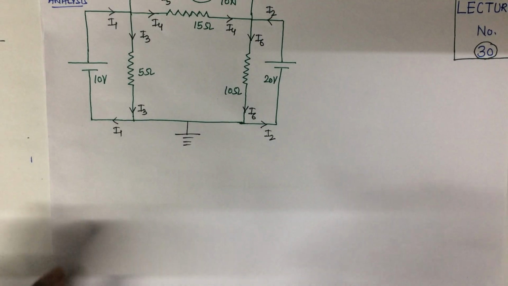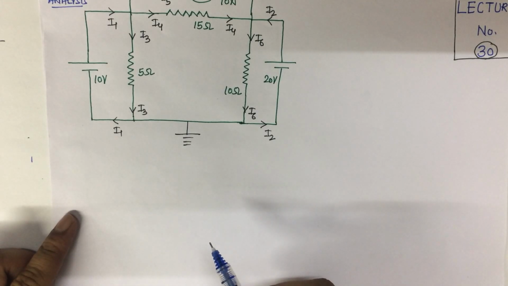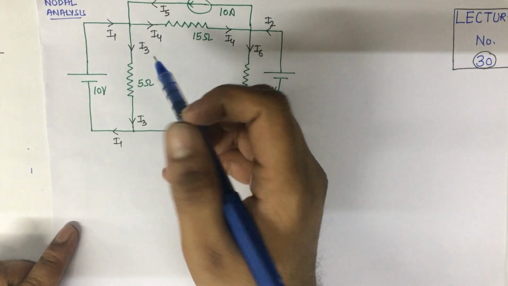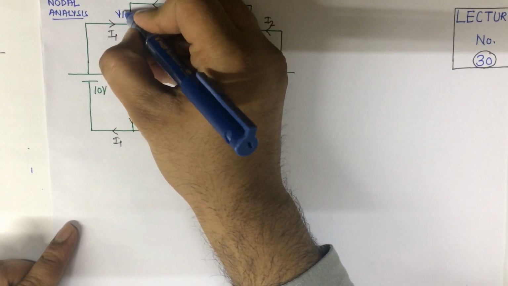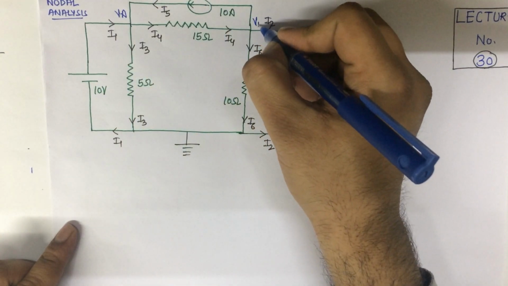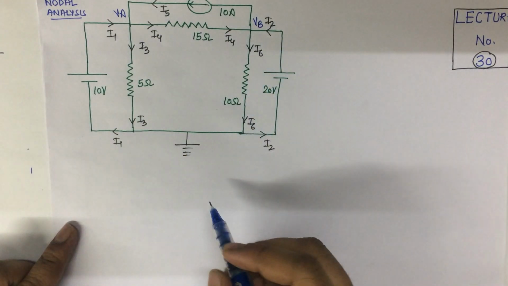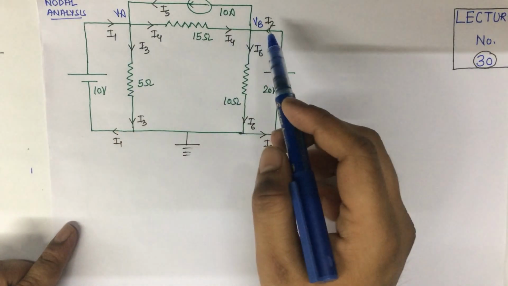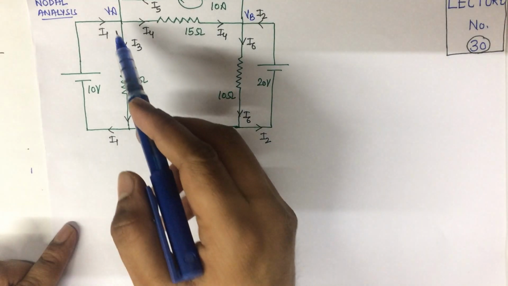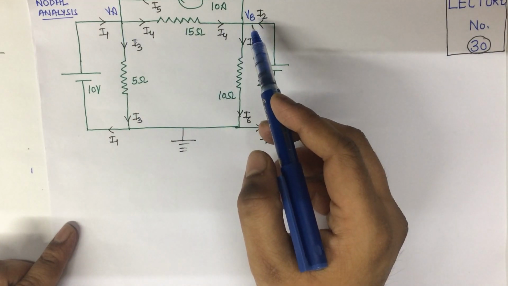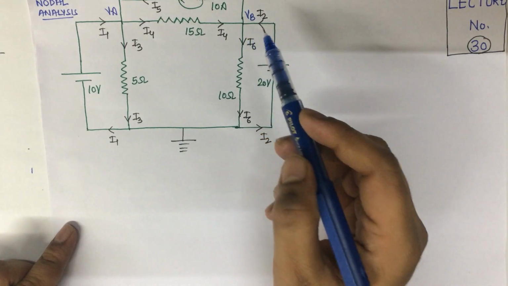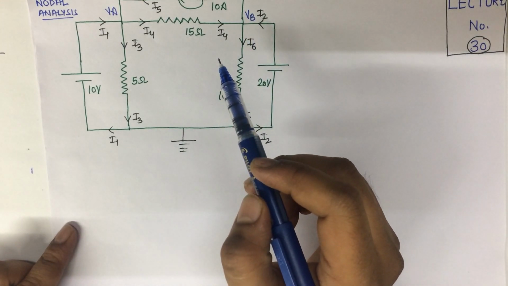So first of all, here we make junctions or nodes. Let us say this is VA and this is VB. These are the junctions, and we take this as ground potential. After considering voltages at nodes, we denote currents in different branches at each node.